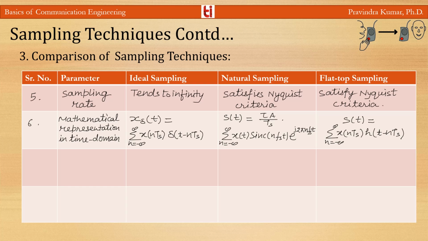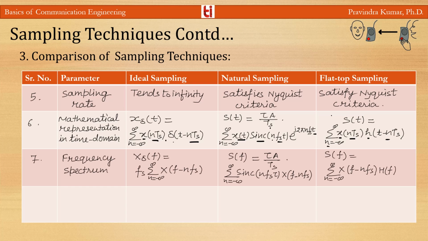And if we talk about mathematical representation in the time domain, the ideal sampled signal can be represented as summation x(nTs) delta(t minus nTs), and the natural sampled signal can be represented as tau A by Ts into summation x(t) sinc function of n fs tau e to the power j2 pi n fs t. The flat top sampled signal in time domain can be represented as summation x(nTs) h(t minus nTs).